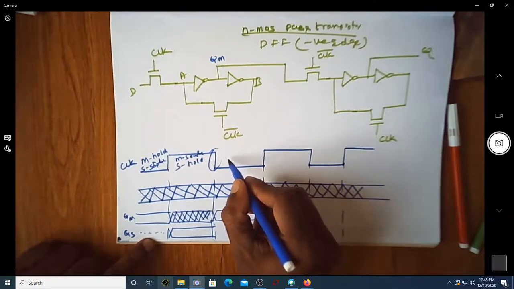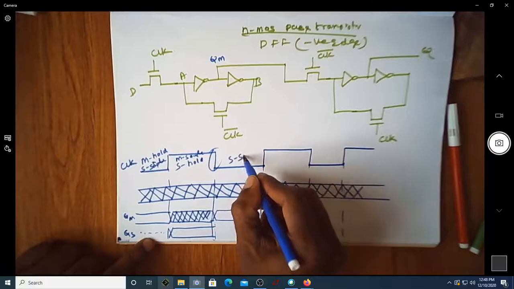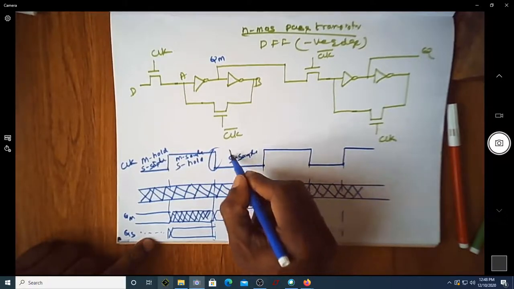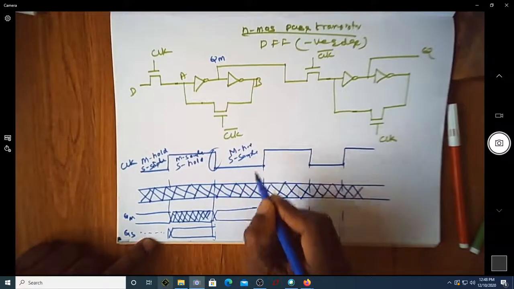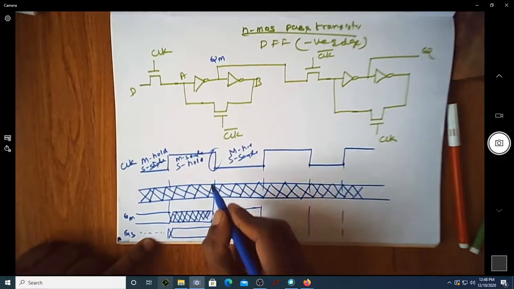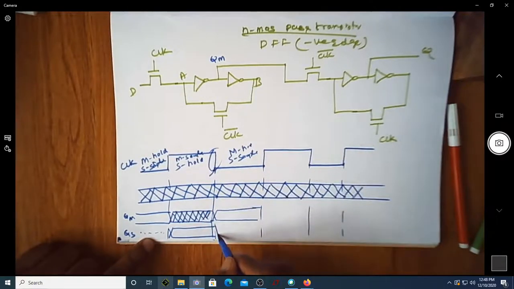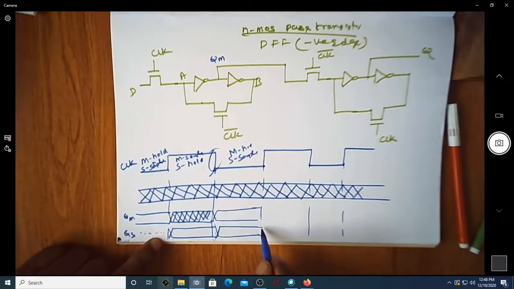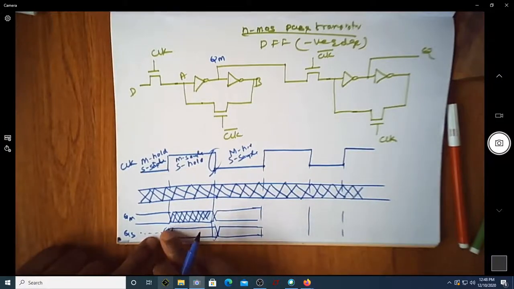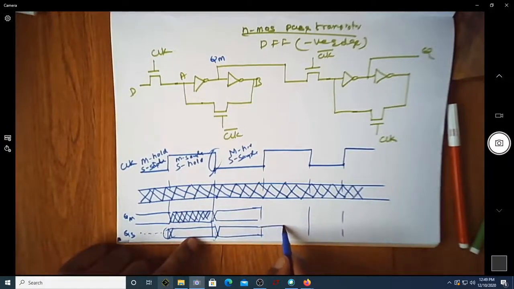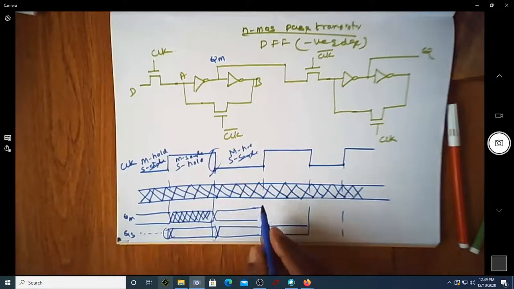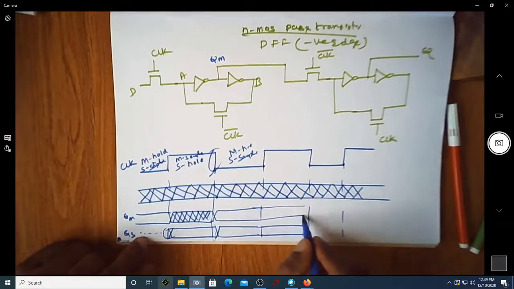So S will go to sample mode, M will go to hold mode. Whatever value was there at this edge will be moved on to this. Can you see now this is moved here, and since it is hold, now you can see it is holding the value, and of course this is now in the sample mode.